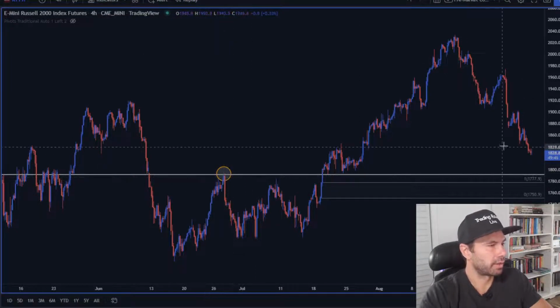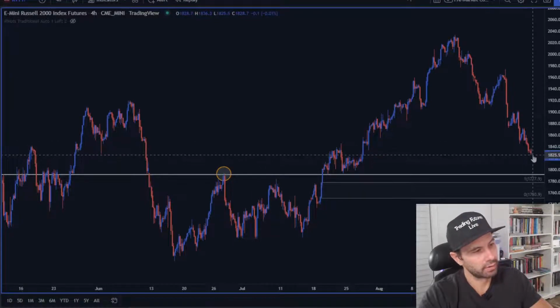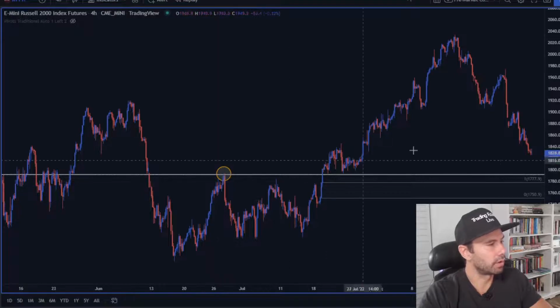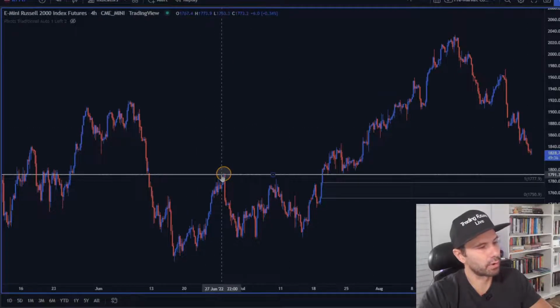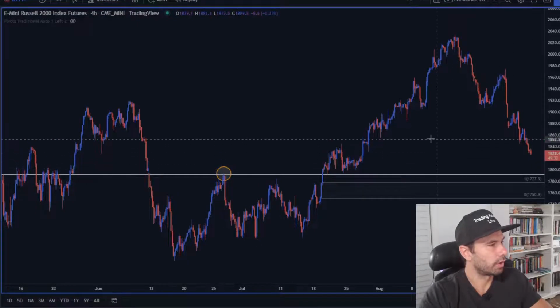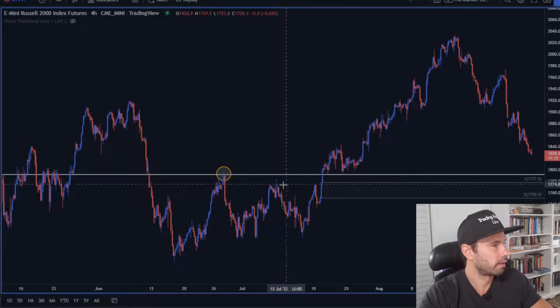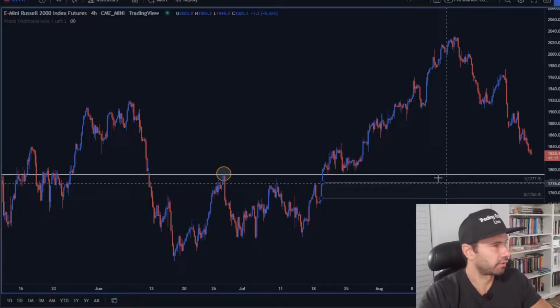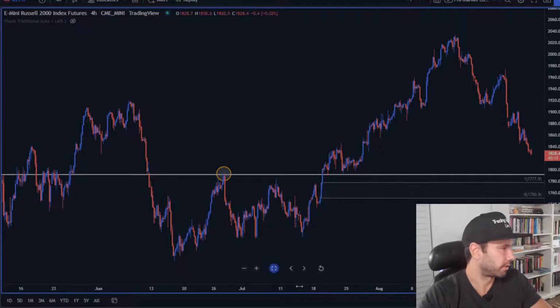So I think the RTY is the one that has more room to come down up to this area, and we'll see when RTY comes to this point if we are going to reverse or continue to sell off. Same thing, guys. The high quality demand for me is 1778. This is a long time frame demand, by the way.